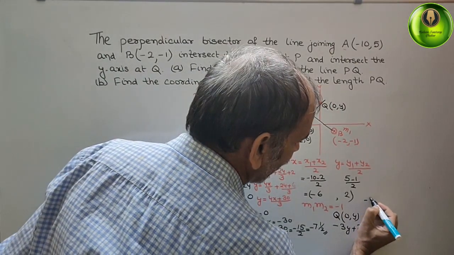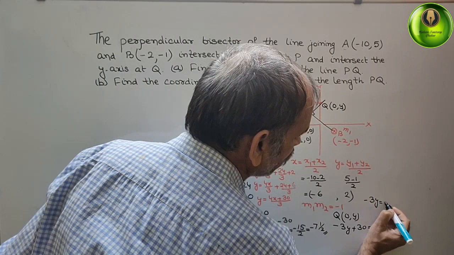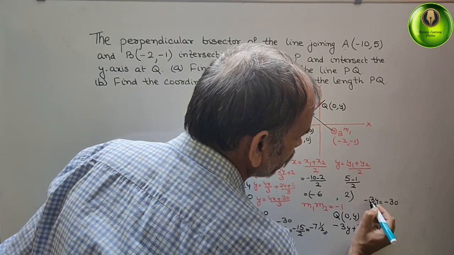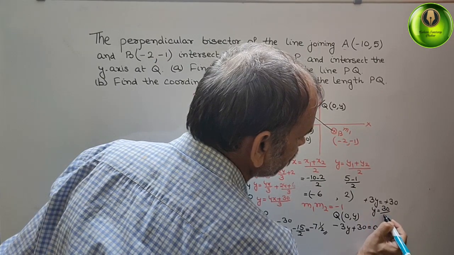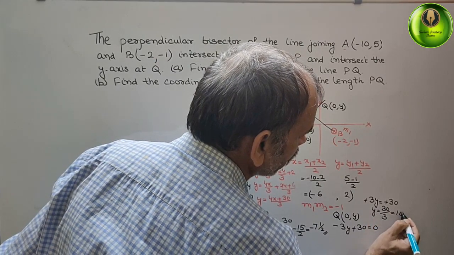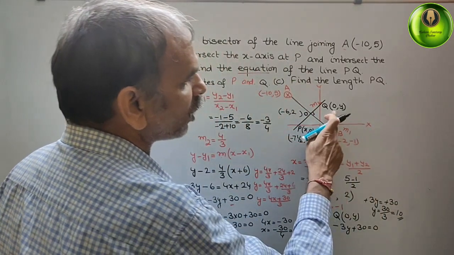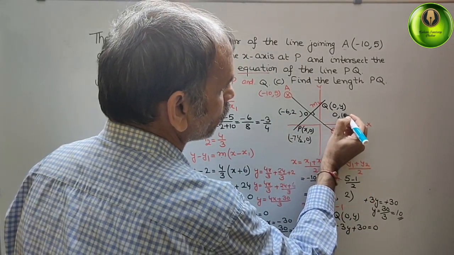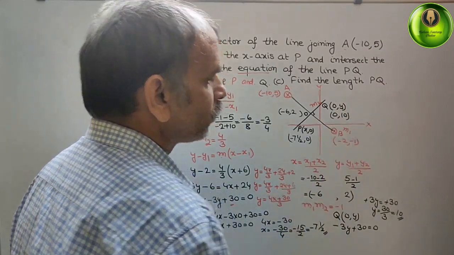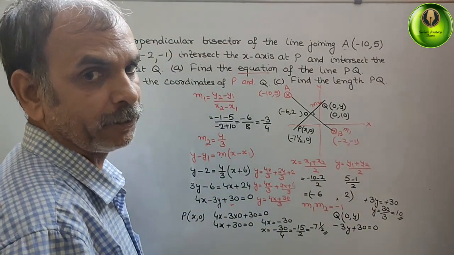Therefore you will get minus 3y is equal to minus 30. Minus and minus cancel, so y is equal to 30 by 3, that is equal to 10. So the coordinate is 0, 10. So we know the coordinates.